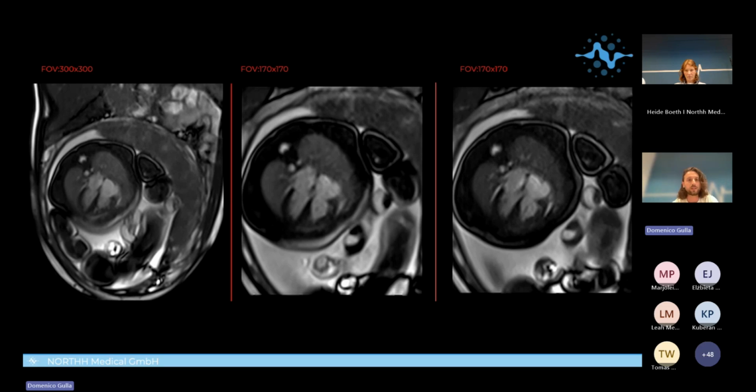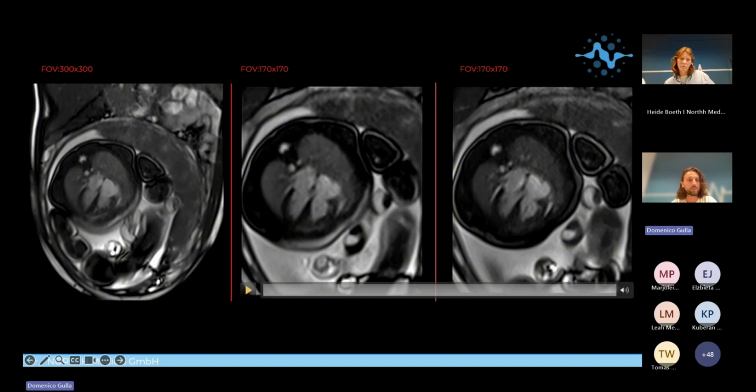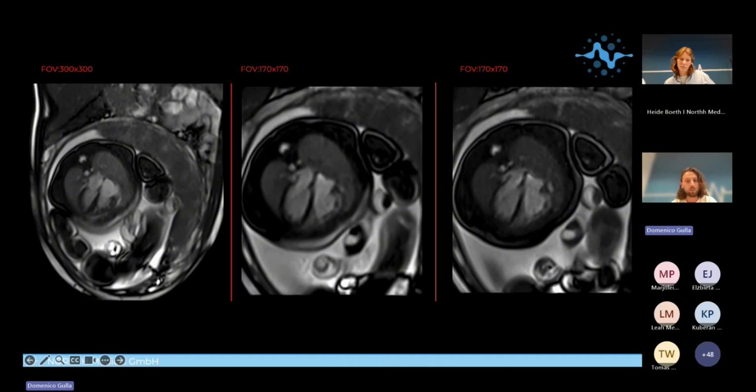In this context, the clinician specifically asked me to see the heart bigger and to focus just on the heart and not see other parts of the anatomy. This is also possible. It means we can reduce the field of view and also improve the spatial resolution accordingly.